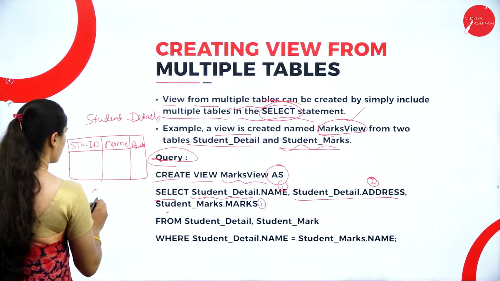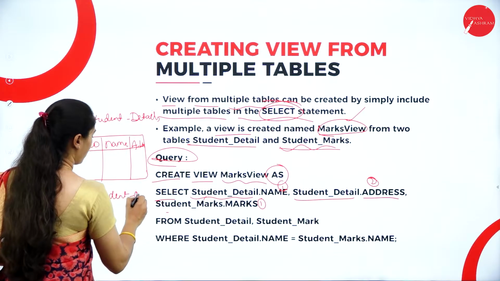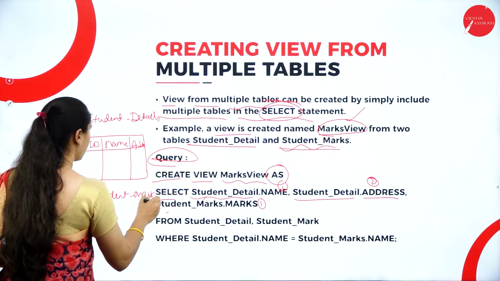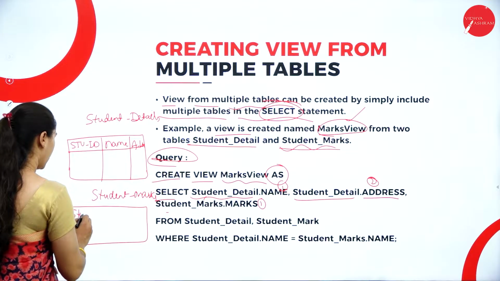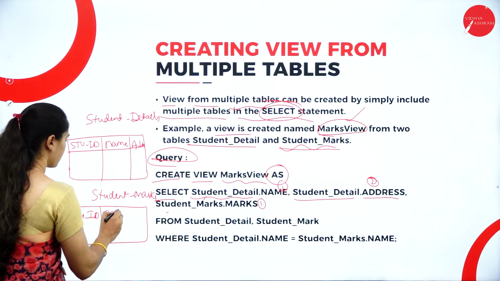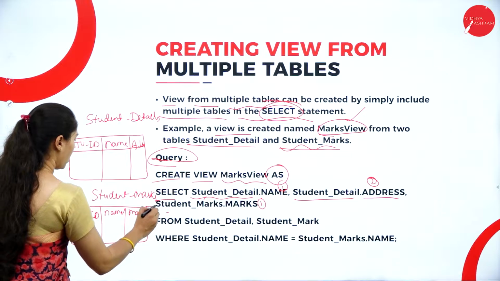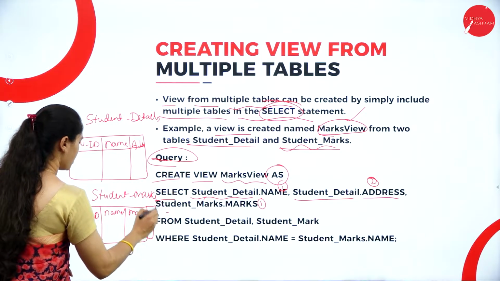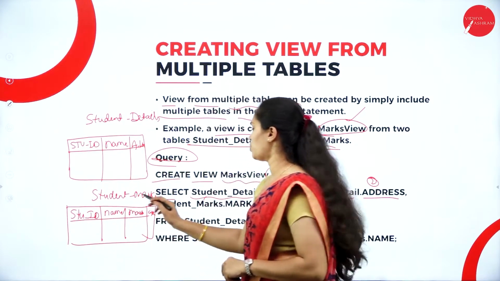And when it comes to the student marks, what do we have there? We have a student ID and also a name, marks, and one more column called age, right? So these are the attributes which we have in the student marks.